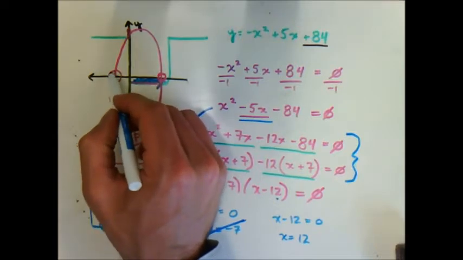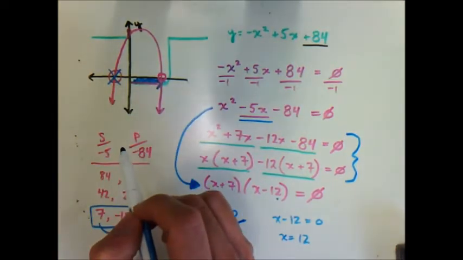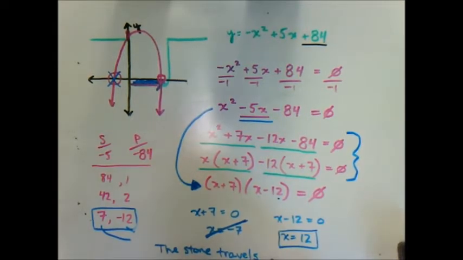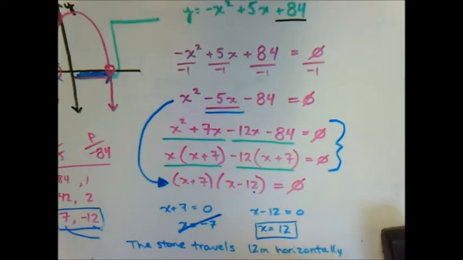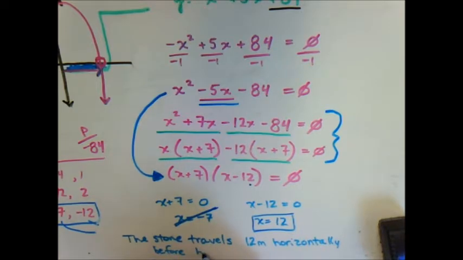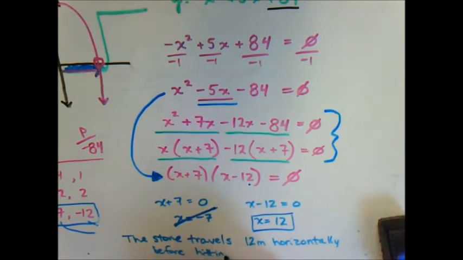So this root is not relevant in our real life situation. But the positive root is the root of the equation. So as a final answer, the stone travels 12 meters horizontally before hitting the water.